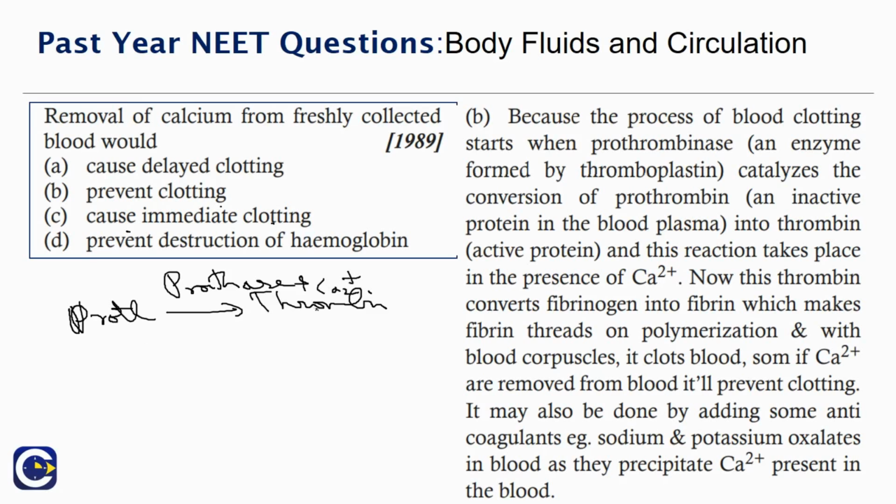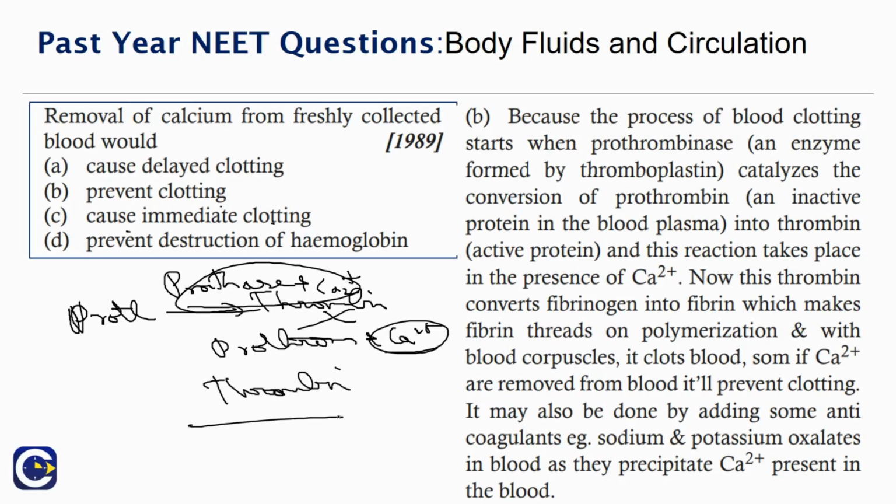So for the first step itself, there is a requirement of prothrombinase and calcium ions. If calcium ion is removed, thrombin is not formed. Thrombin is necessary for the conversion of fibrinogen to fibrin. So when calcium is removed, it prevents clotting.